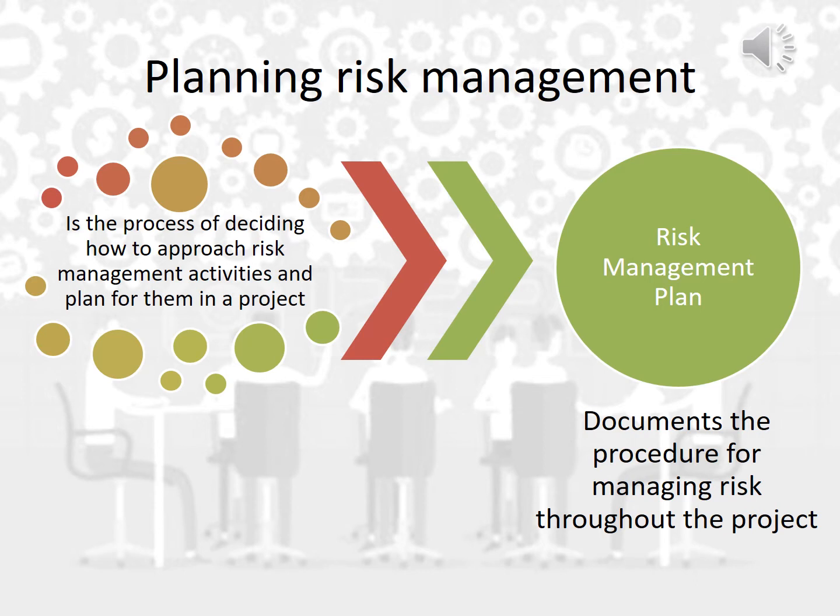In this process, the developer team should decide how to approach risk management activities and plan for them in the project. That decision can be taken after several meetings that the team should implement during the earliest life cycle of the project.